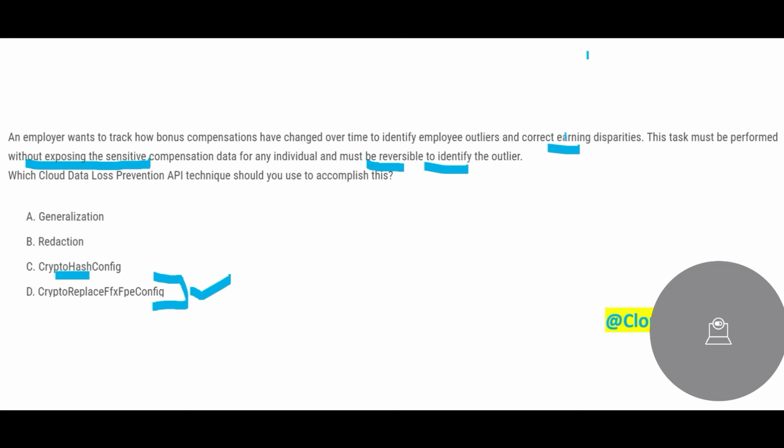I don't know, but I am going with the one thing that I need a very strong encryption logic, and based on that, crypto replace, which is very accurate and very hard to reverse.